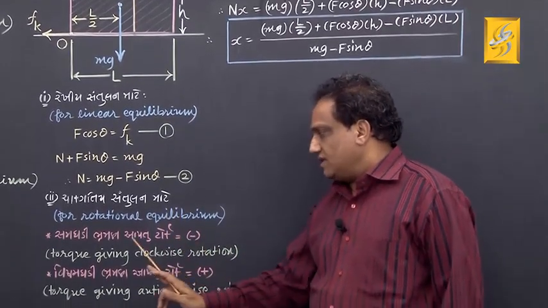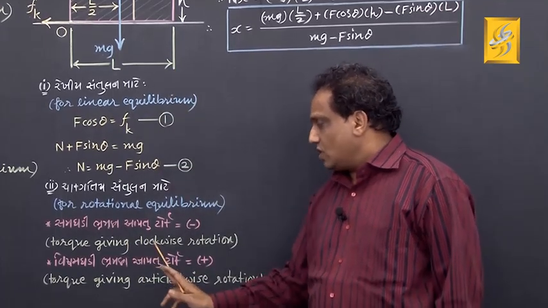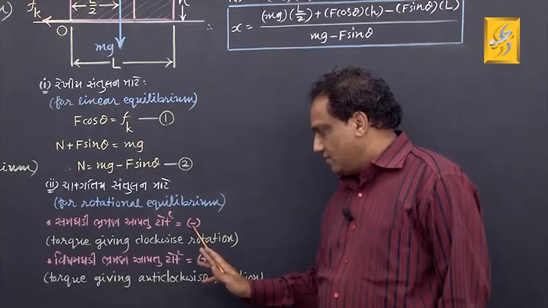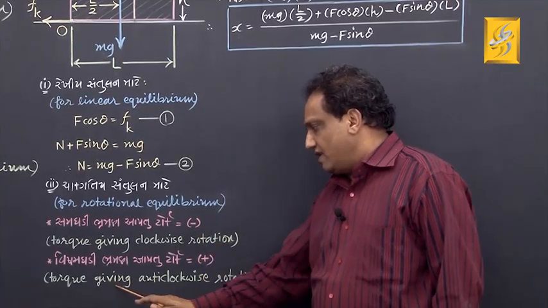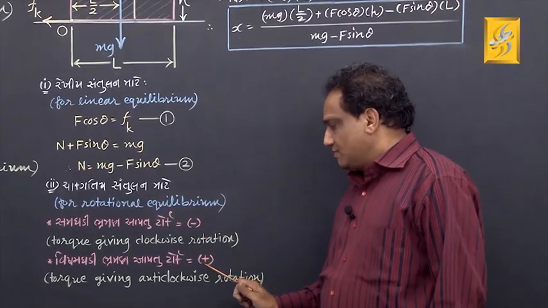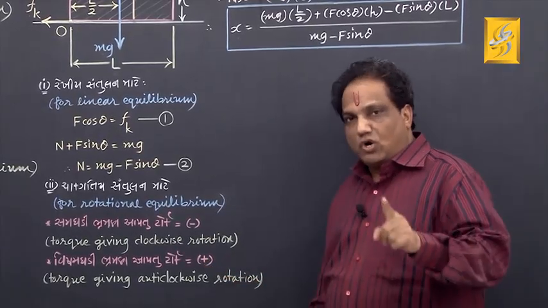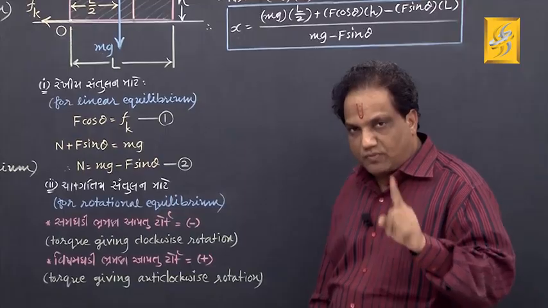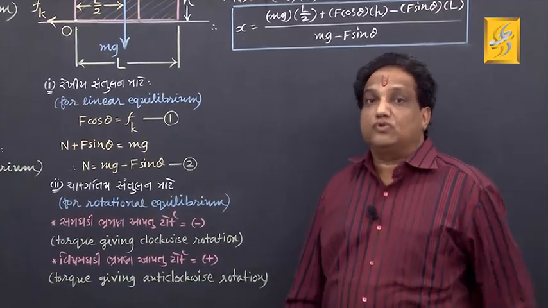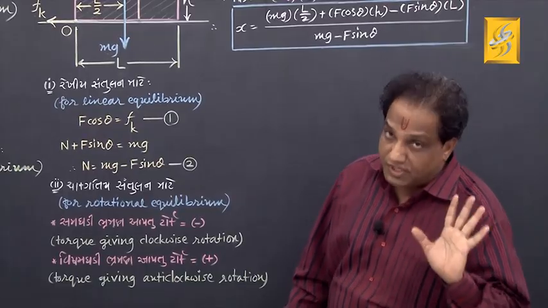Whichever torque is giving this block clockwise rotation, according to the textbook, let us take it as negative, and any torque giving anti-clockwise rotation, let us take it as positive.